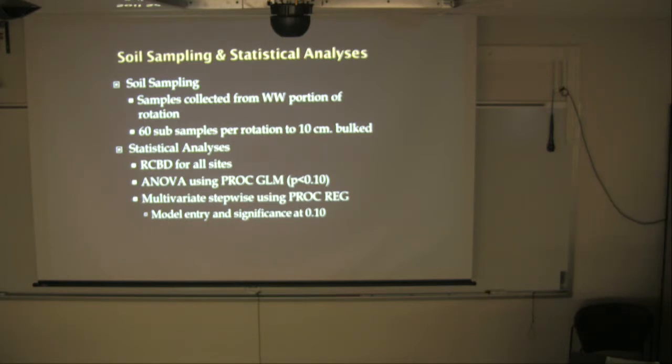In performing statistical analysis, plots are randomized complete block designs. I utilized ANOVA, PROC GLM with a p-value less than 0.1, and multivariate stepwise analysis, which I will be presenting later. I used PROC REG with model entry and significance at 0.1.